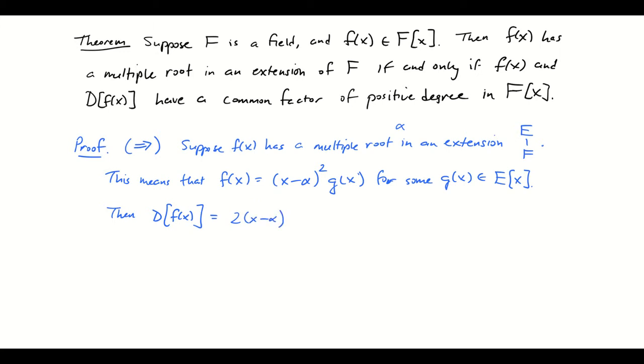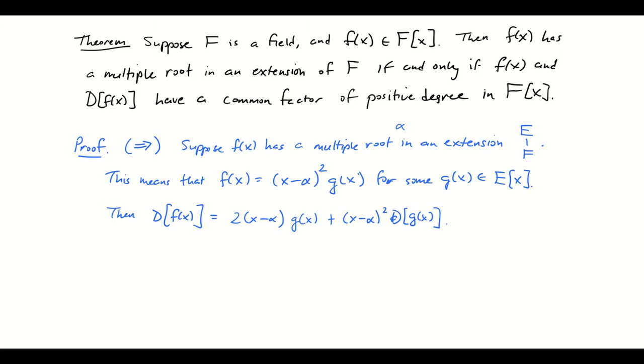And that's not using the formula exactly, but you can verify that that's true using just a little bit of algebra. Okay, times g(x) plus (x minus alpha) squared times, I was going to say g prime of x, but let's use the terminology we're using, the derivative of g(x). If you like using g prime of x, that's fine. I prefer to use this official notation that we totally made up.